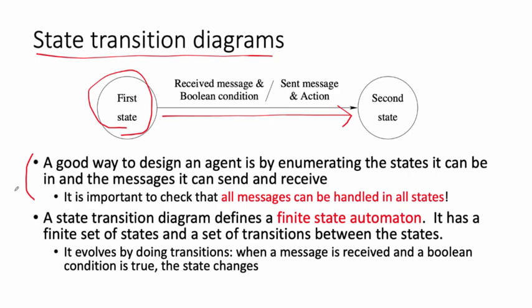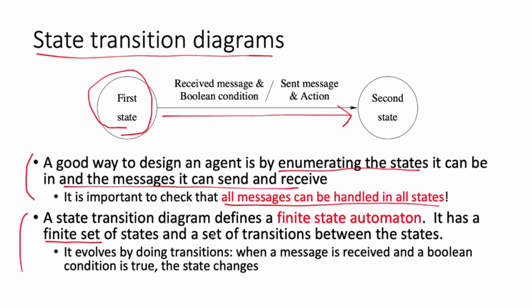And when a message arrives, it changes state. So you want to figure out all the ways that the state can change. You enumerate all the states and all the messages it can send and receive. Basically you have to make sure that each state can receive all messages. And we'll see that in the example. So this is a kind of finite state automaton.